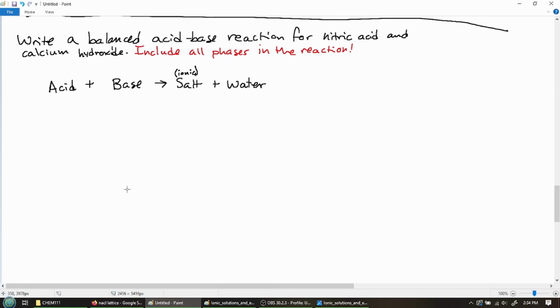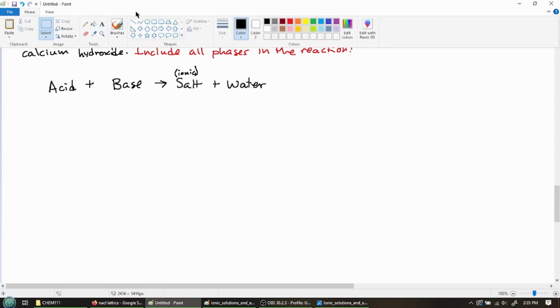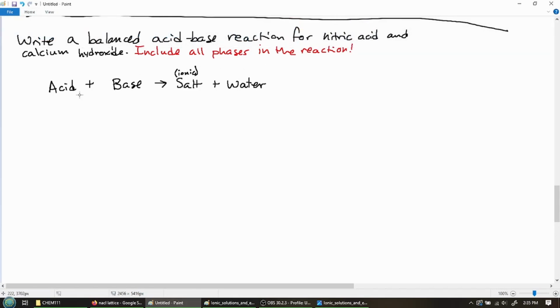I want you to take a shot at this. Go through, try to convert the name nitric acid and the name calcium hydroxide into formulas, then go through, determine what you can, perhaps by saying, okay, let me form water, and now what ionic salt will be left over. So I'm going to ask you to go ahead and pause, give that a try, and we'll talk through it in a second after you unpause.